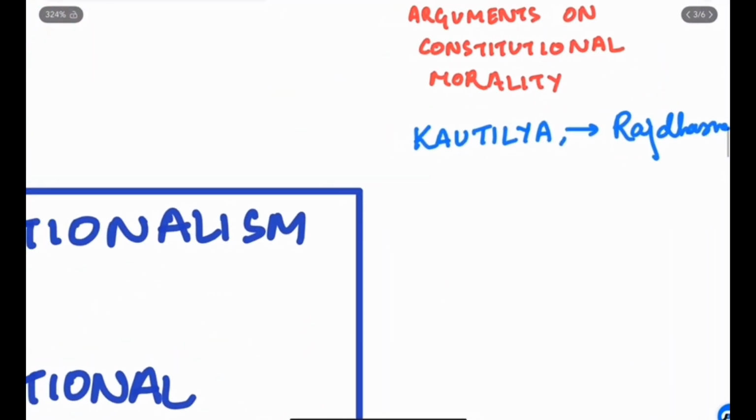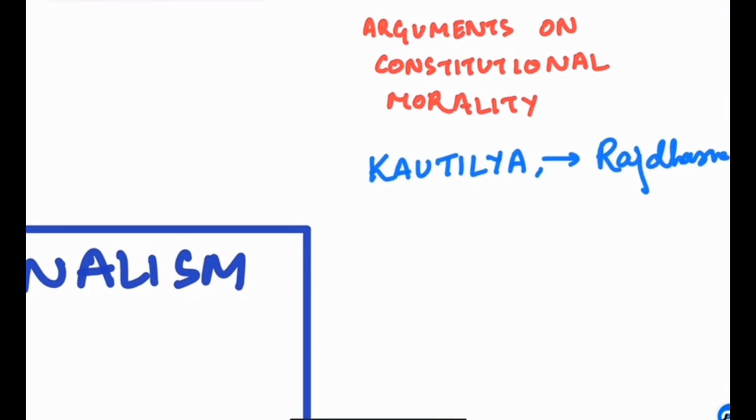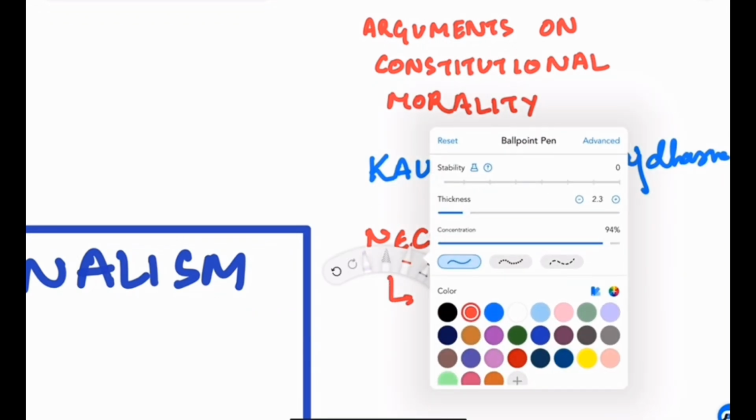Okay, now in arguments on constitutional morality, we were saying that it exists before the constitution itself, and what is its necessity. So this is given by Dr. Ambedkar himself.